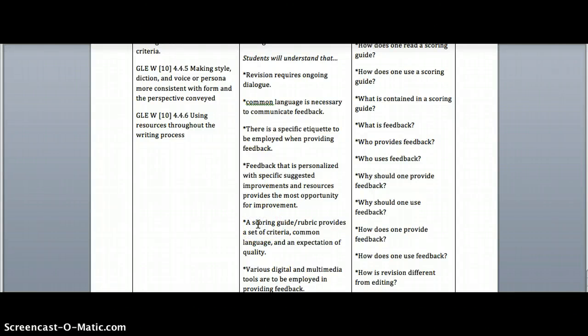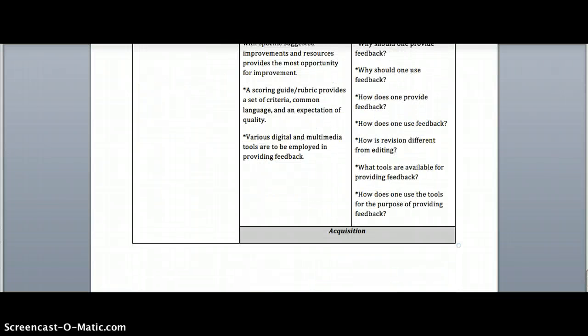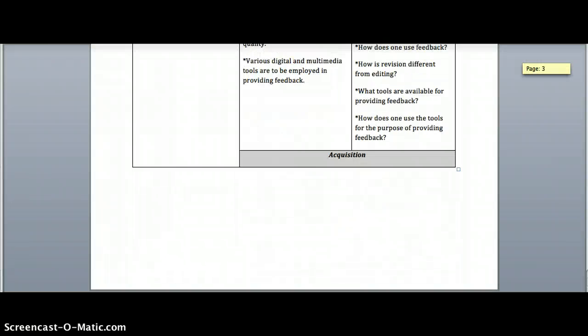So scoring guide information, including criteria, common language, and expectations of quality. And then the use of digital and multimedia tools to provide feedback, including tools like ScreenChomp, Screencast-O-Matic, and the Moodle discussion forum.